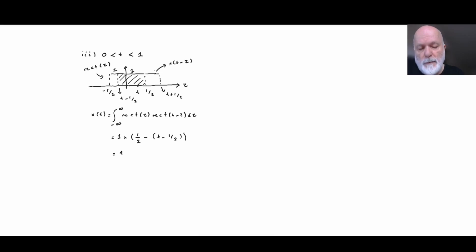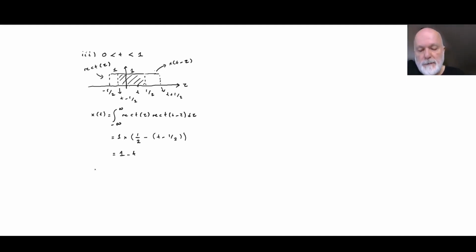So we have 1 minus t. Okay. So in the interval t from 0 to 1, the convolution integral turns out to be equal to 1 minus t.